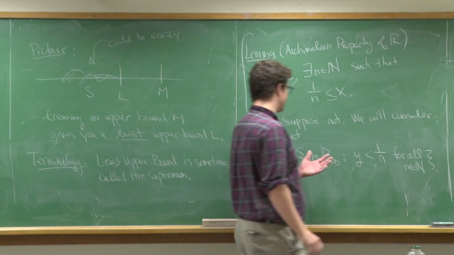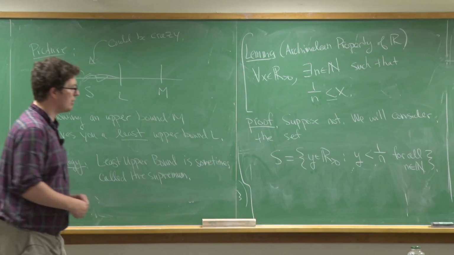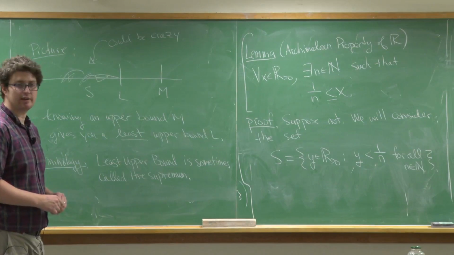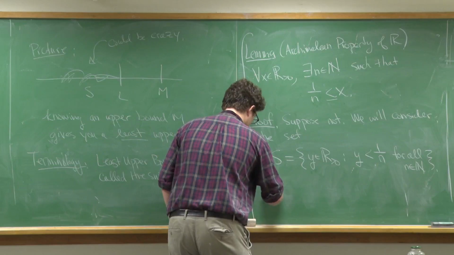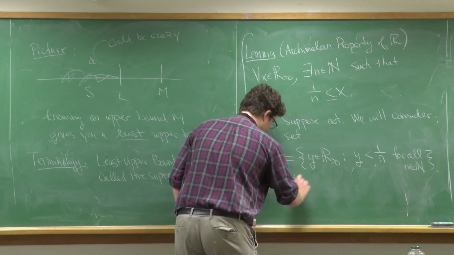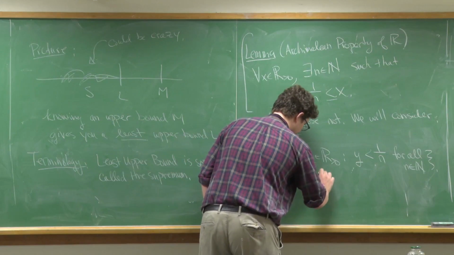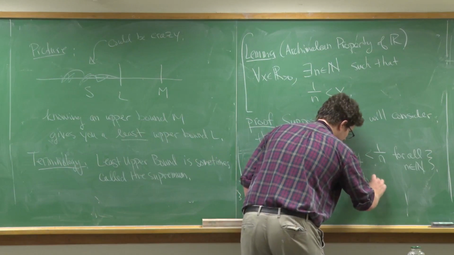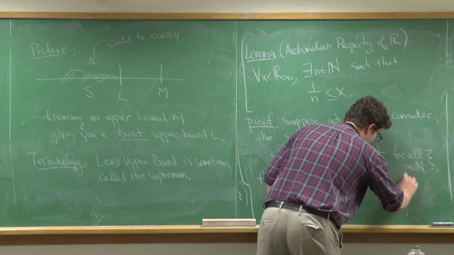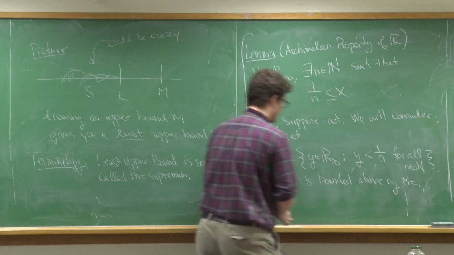So this is something like, suppose we have an infinitely small thing, a non-empty set. So this set is bounded above by M equals 1.